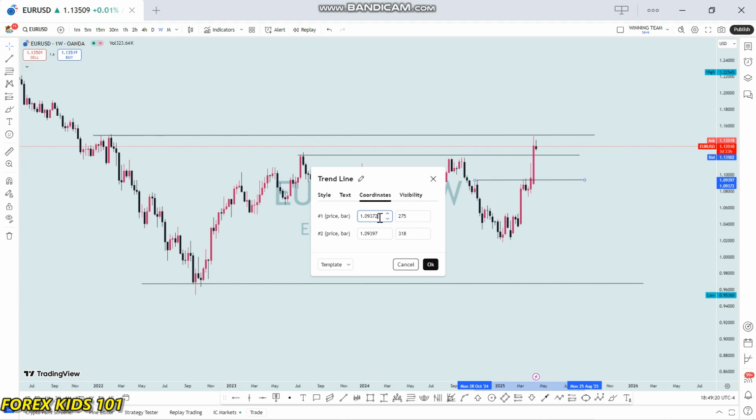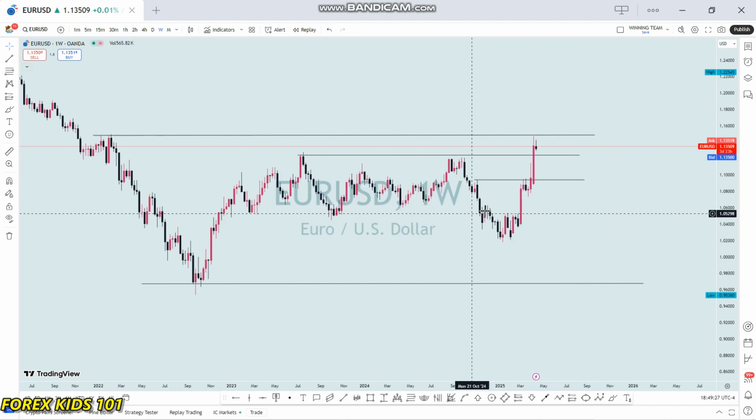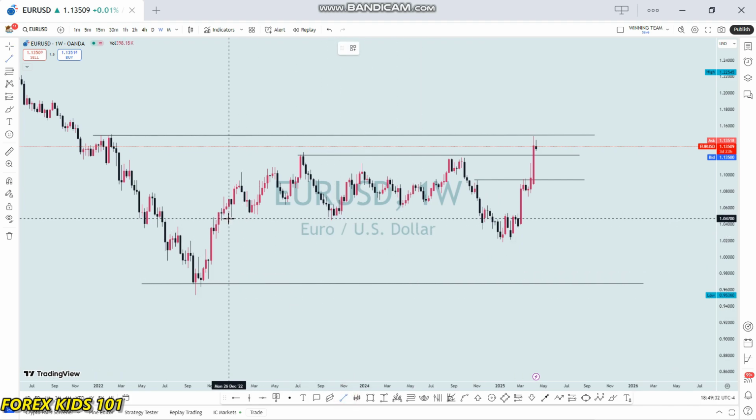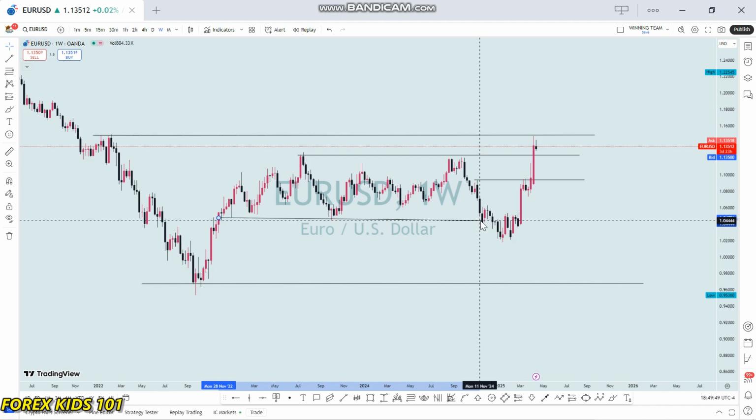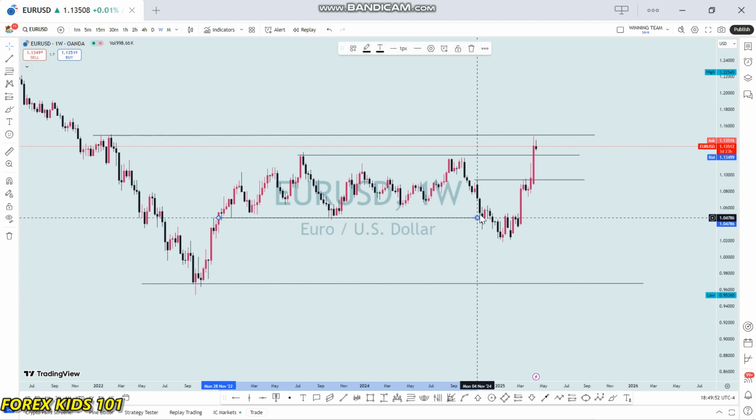You must make sure that your line is straight and aligned. So this is what I'm gonna be looking for. We have had this internal low here, and we can see that the price was trading a bit below it.